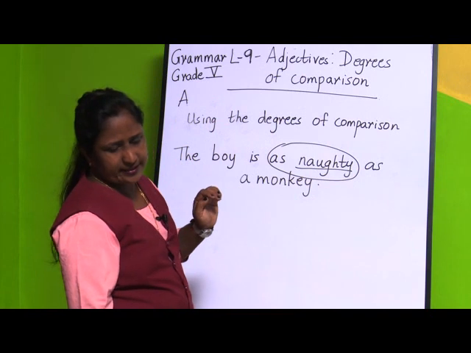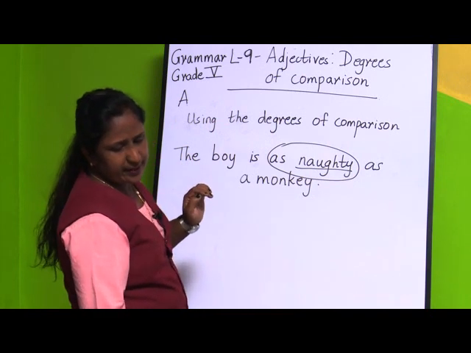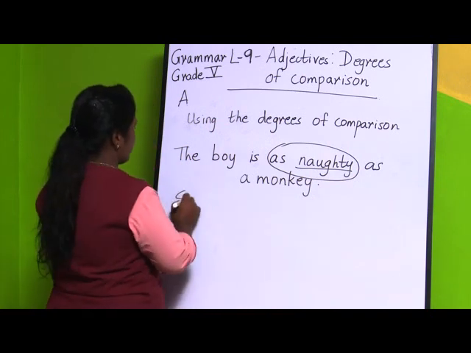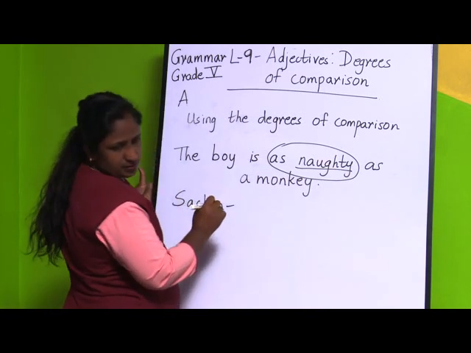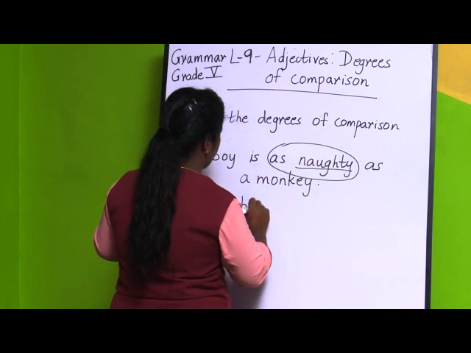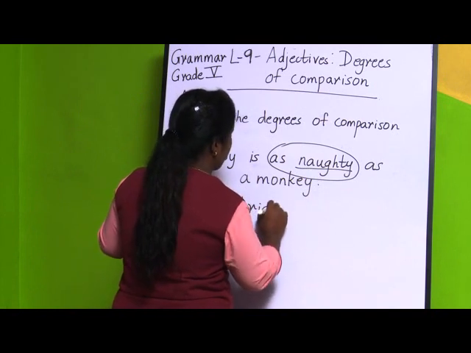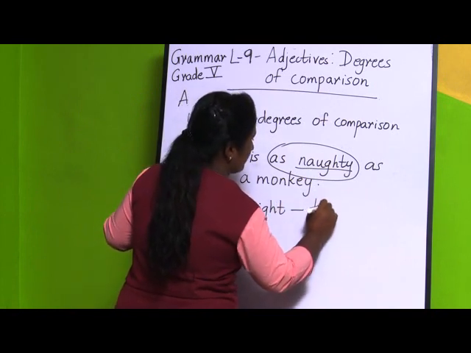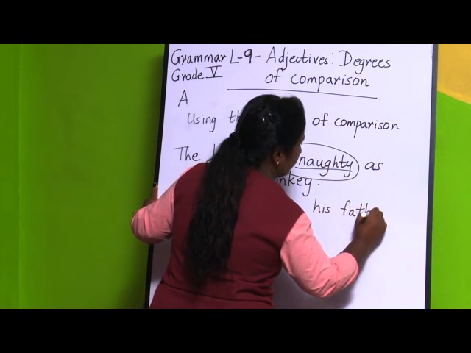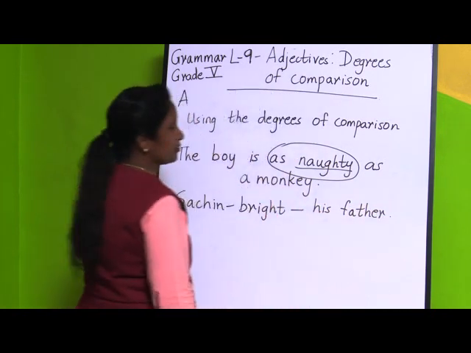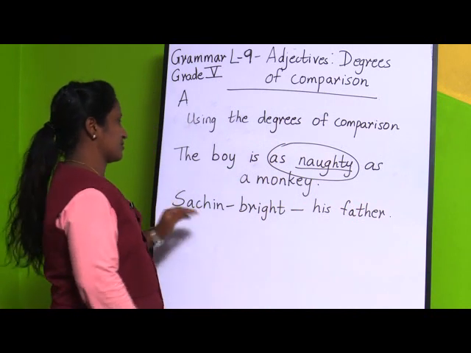If you take the second one, Sachin bribed his father. See, I will write the sentence and I will make you understand. Sachin bribed his father. Now, here you are going to show the equality between two persons.